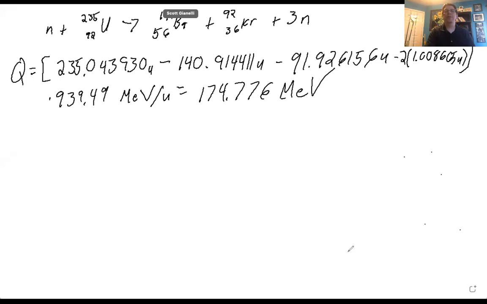So the total power is equal to the total number of fissions times Q, divided by delta T. Q is for one fission, and we're asked how many fissions take place per second.